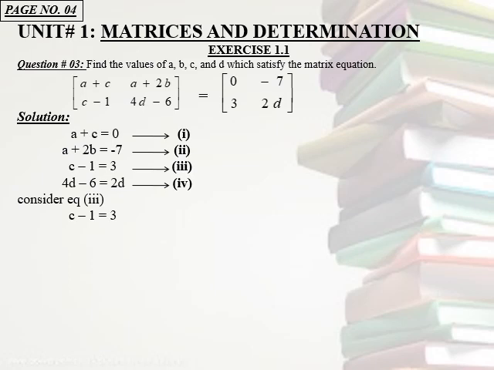We should go for the equation which has the least number of unknown terms. This is the reason why I have taken equation 3 first. So, I will bring 1 to the other side by changing its sign in order to find the value of c. When I add 3 plus 1, it gives me the value of c, which is 4.